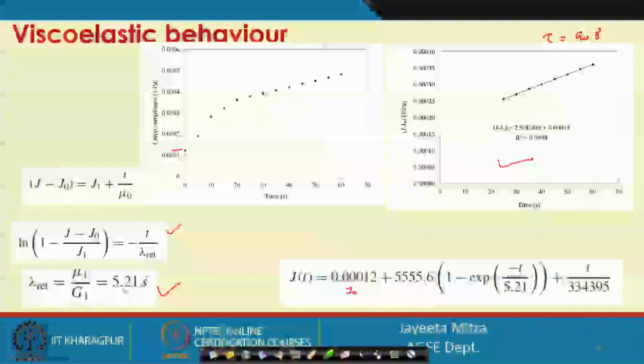So, retardation time 5.21 seconds, we will plot it here, and finally mu 0, which is coming from the inverse of that slope that we are getting. So, using that we can find the equation of the creep compliance of the dough sample. Okay. So, this is how we solve the phenomena of creep from the compliance versus time behavior.